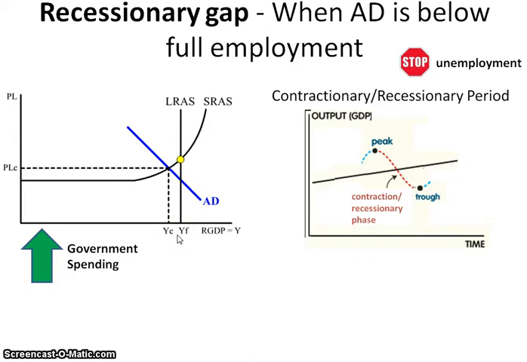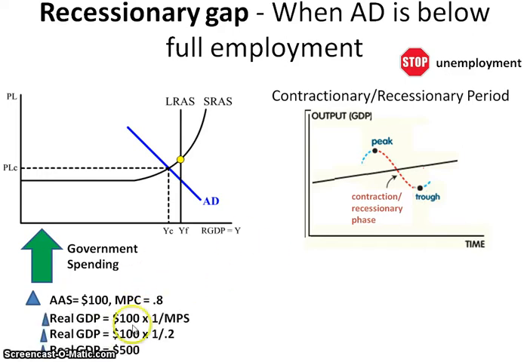So with this one, when we're looking at how much the aggregate demand curve will increase or shift to the right, we need to think about the multiplier. If the government were to spend $100 and the MPC was 0.8, how much additional real GDP would be created? Remember, the formula for that is the change in the autonomous aggregate spending times 1 over the MPS.